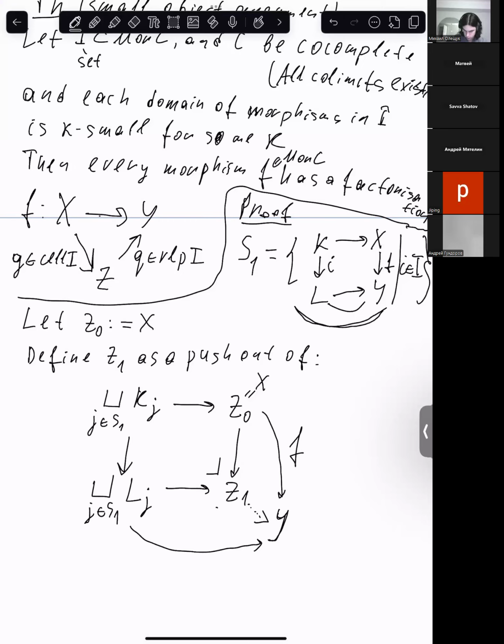And so we have a universal arrow that we call Q1.